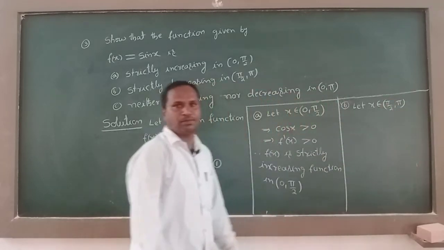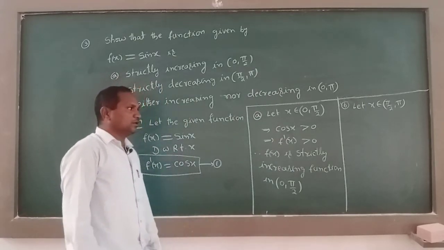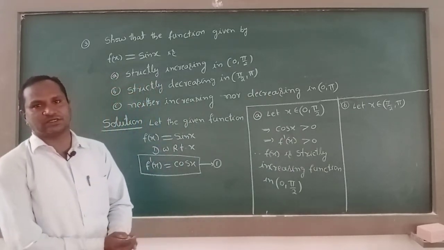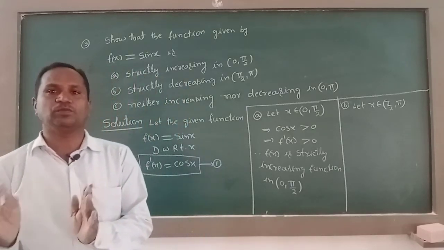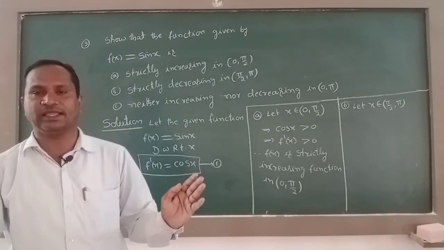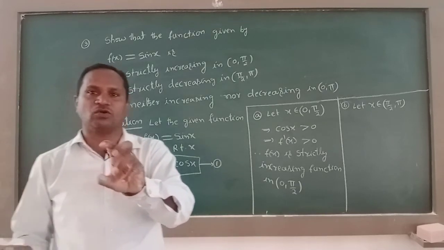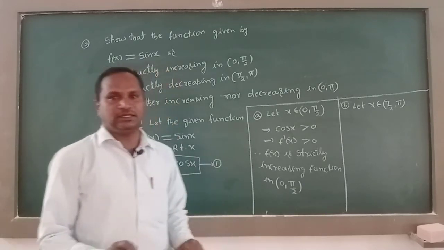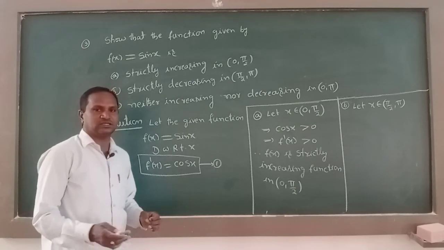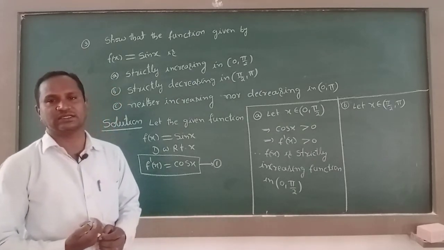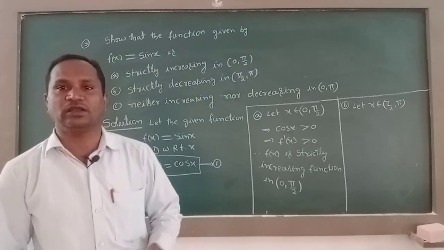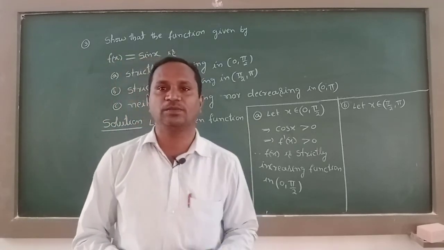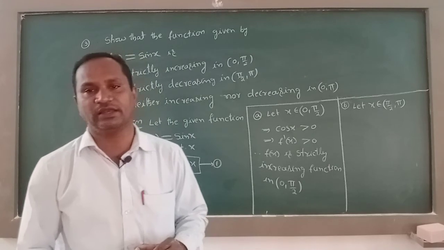This means the angle is from pi by 2 to pi, excluding pi by 2 and pi. Those angles lie in which quadrant? The second quadrant. In the second quadrant, cos x is always negative, because in the second quadrant only the sine function and its reciprocal, the cosecant function, are positive and the remaining are all negative.